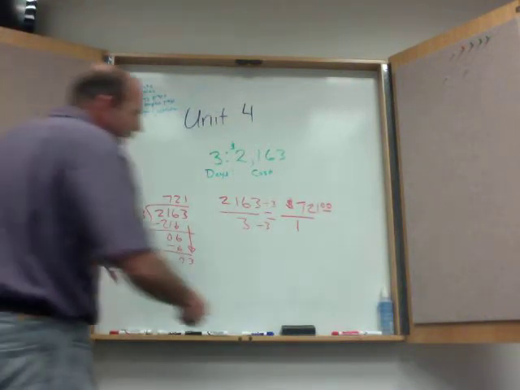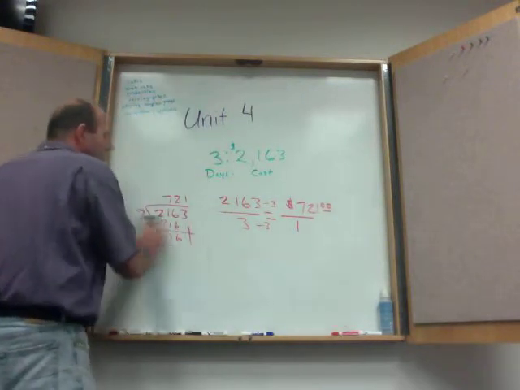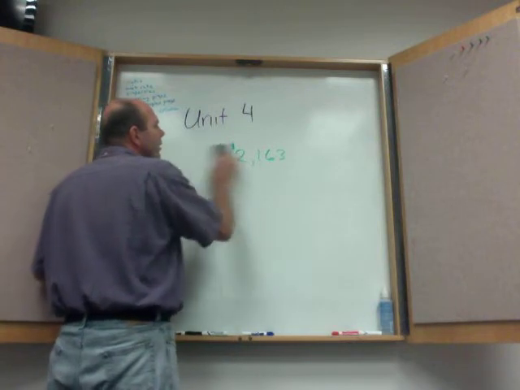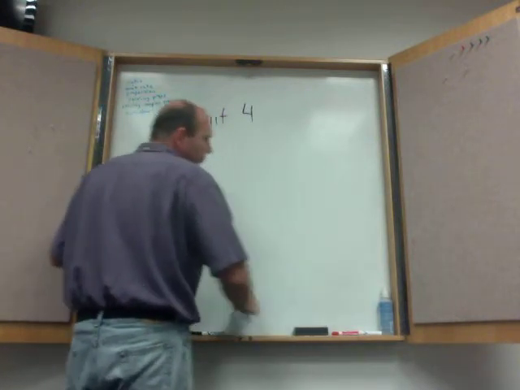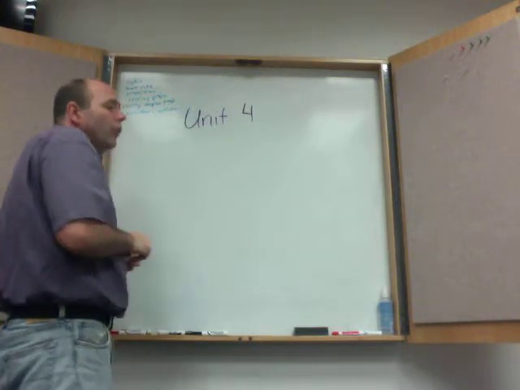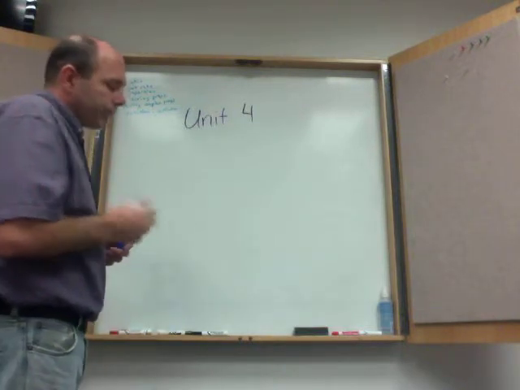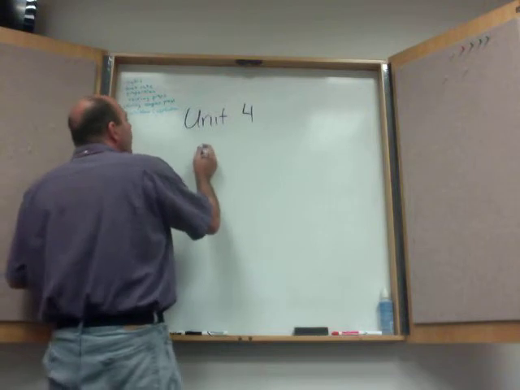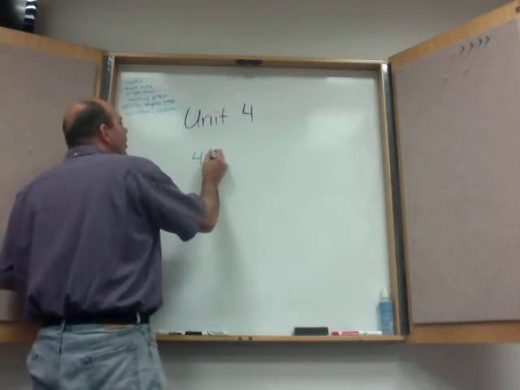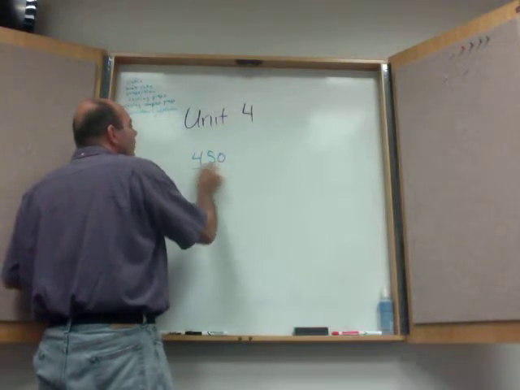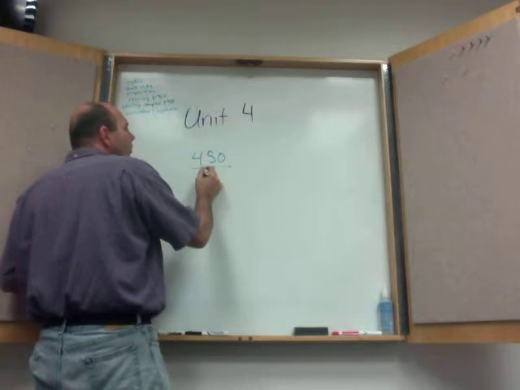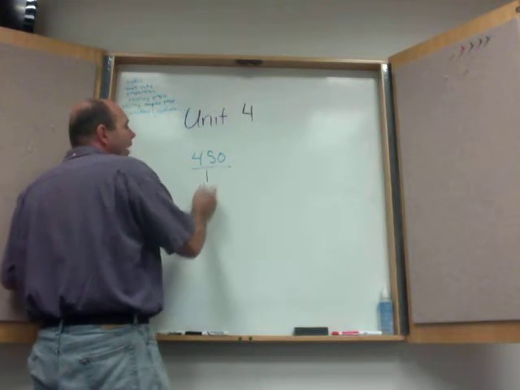So for practice, there is an IXL practice that you can do, but let's look at one other example. Let's say that you take 450 breaths per hour, in 1 hour, and I want to find out how many in a minute.